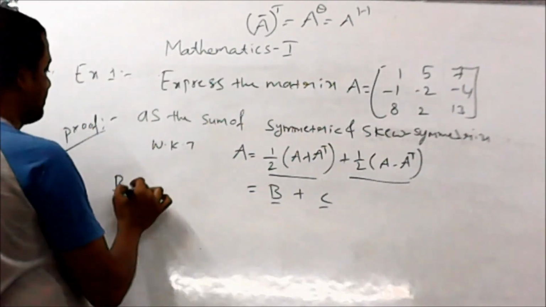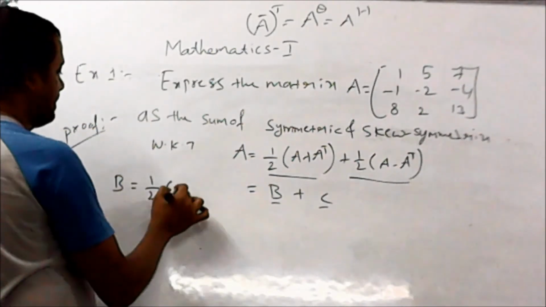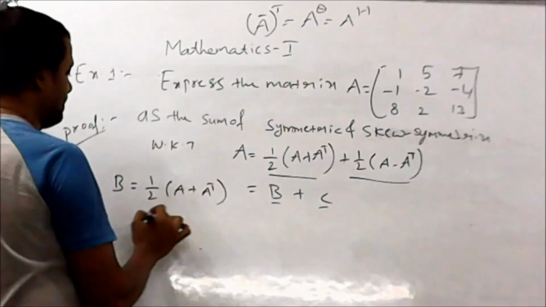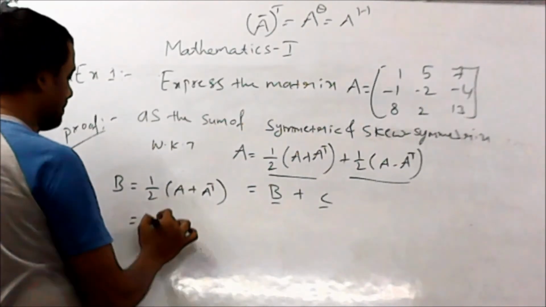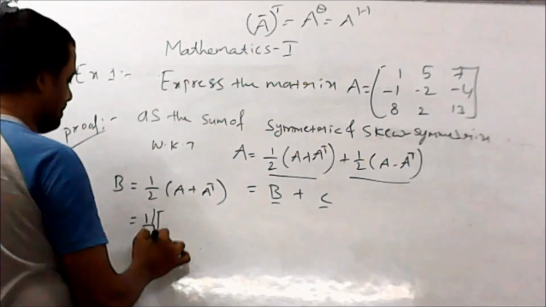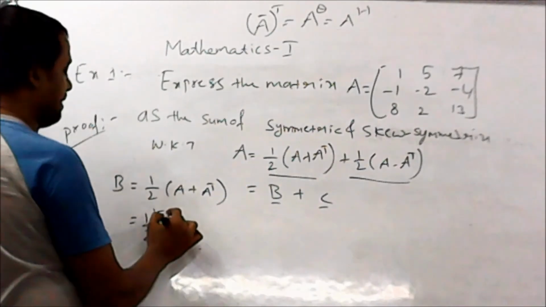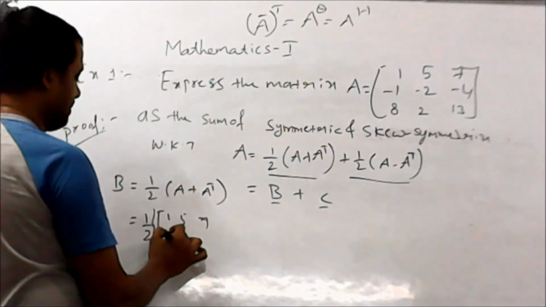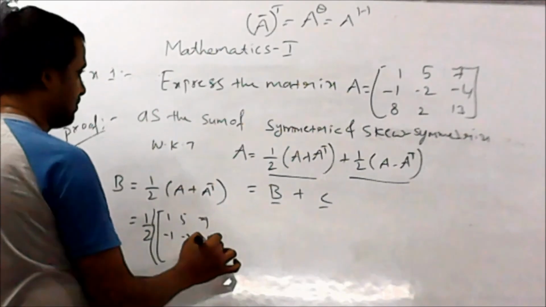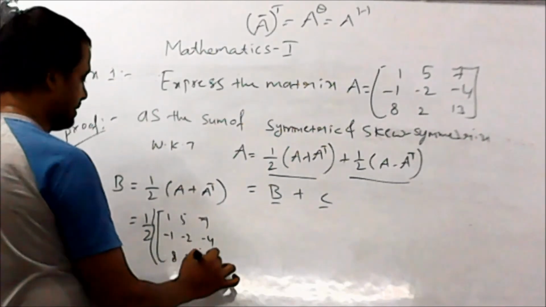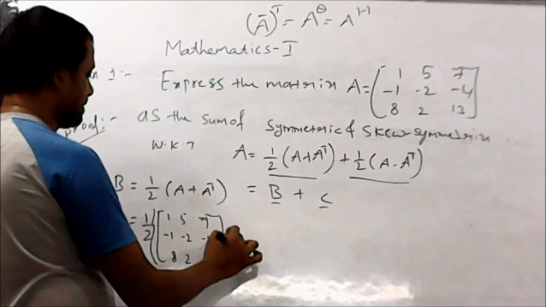What is B? One half of A plus A transpose. Keep one half outside and use curly braces. A is 1, 5, 7, minus 1, minus 2, minus 4, 8, 2, 13. What about the transpose?